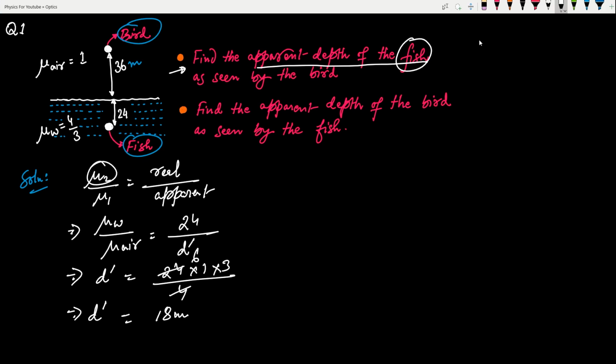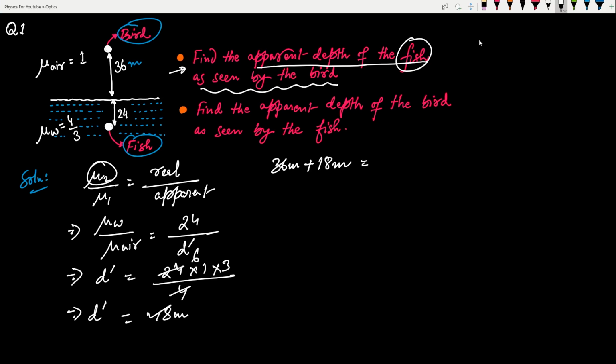But don't stop here. There will be options like 10 meter, 20 meter, 18 meter, 54 meter. So don't just tick this and come. You'll get negative marking. Why? Because it says find the apparent depth of the fish as seen by the bird. The apparent depth of the fish as seen by the bird will be 36 meter plus 18 meter.